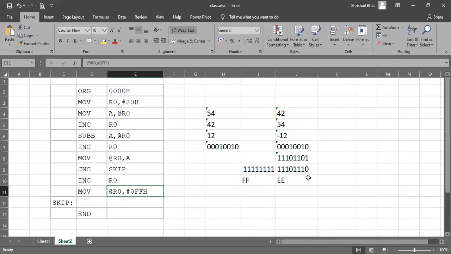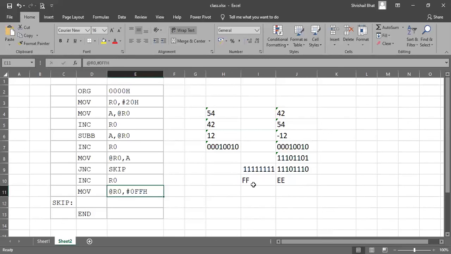It will be EE if it is an 8-bit number. But what if it is a 16-bit number? If it is a 16-bit number, this is the lower order 8-bit. In the higher order 8-bit, you should have again all ones, 1111, 1111, right? So all ones in the higher order 8-bit. So this is the total number. That is 1111, 1111 will be FF, right?